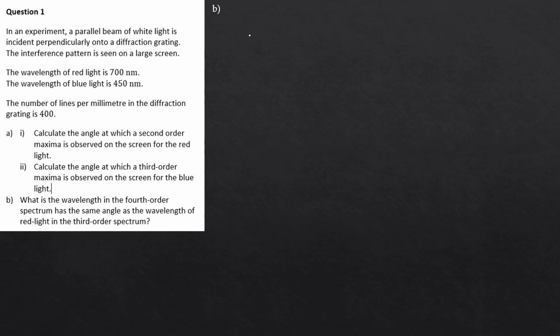So, you have whatever wavelength, we don't know this wavelength, let's call it wavelength X. So, we are going to have A sin theta X4 is equal to 4 lambda X. Now, for red, you have A sin theta red third to be equal to 3 lambda red.